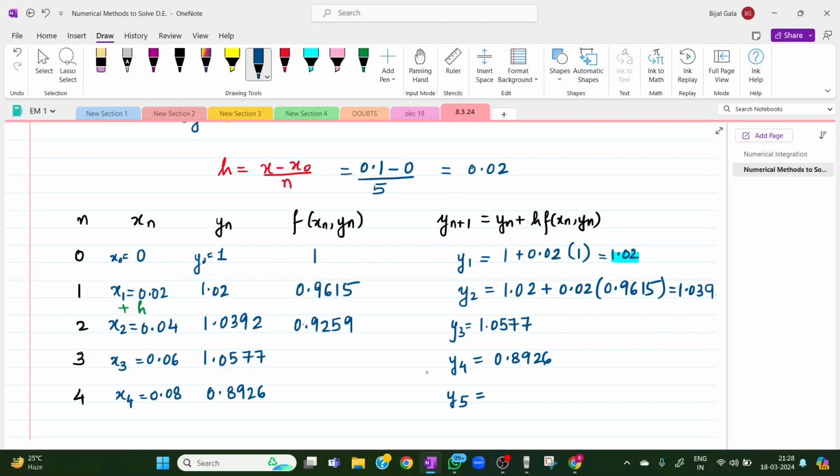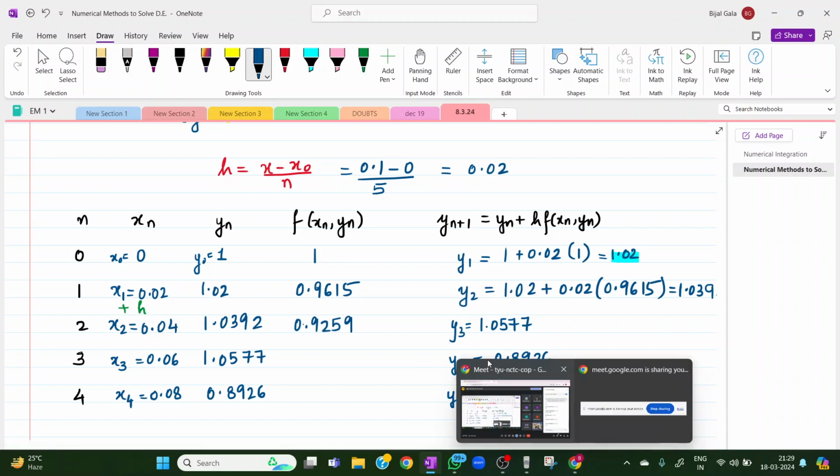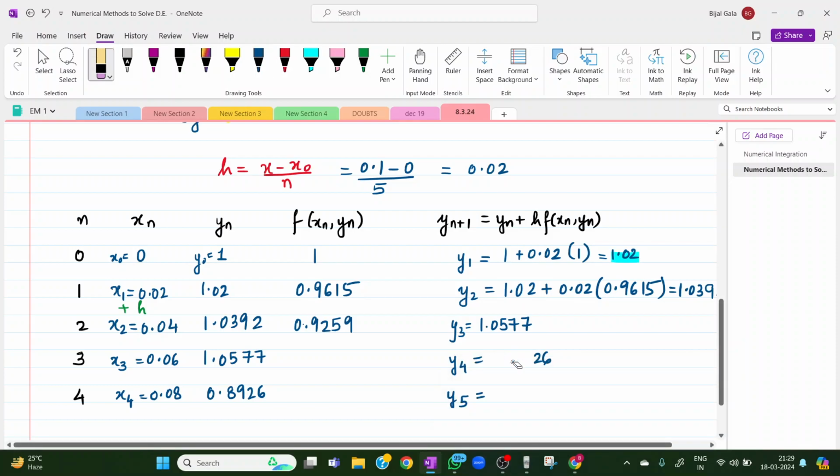What is the value? 0.9461. यहाँ पे बुक में कुछ अलग आ रहा है वैल्यू। अच्छा एक मिनट, ये जो 0.8926 है वो इसका वैल्यू है, करेक्ट ना?